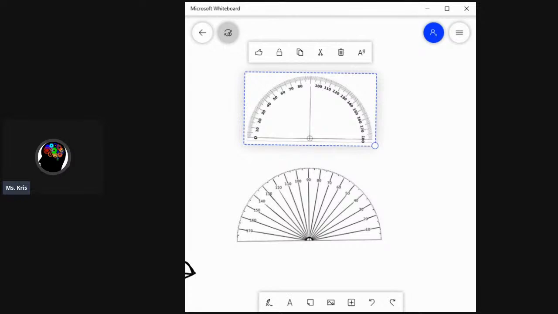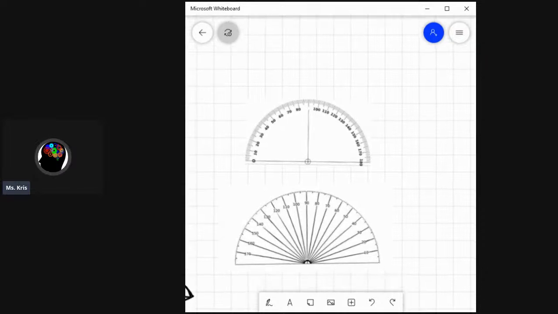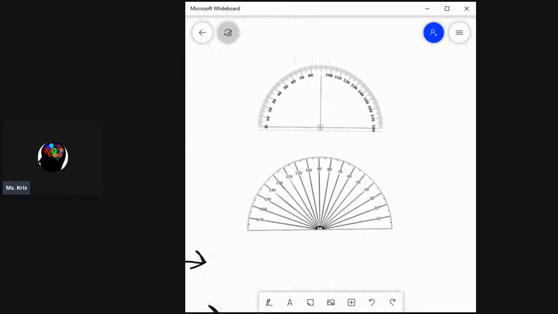You'll either see one going clockwise, one going counterclockwise, or one that has both together, which means it can go in both directions when you're trying to measure your angle.